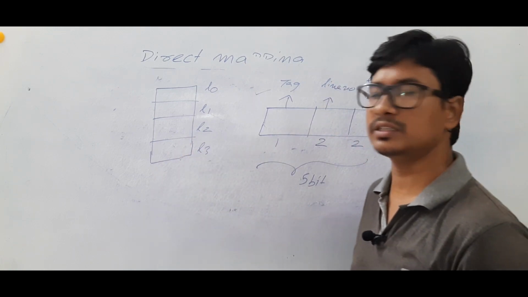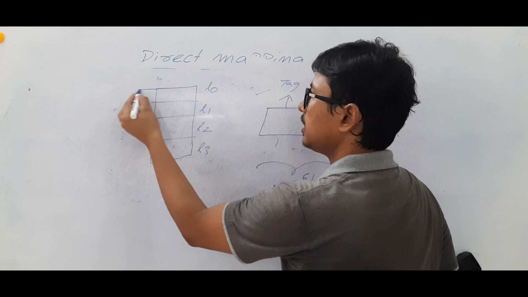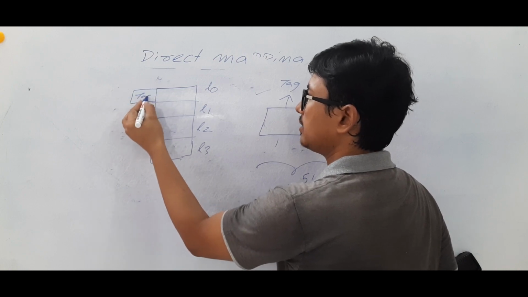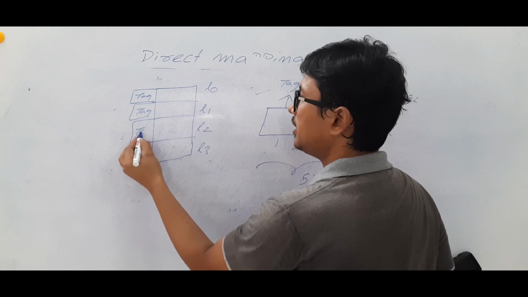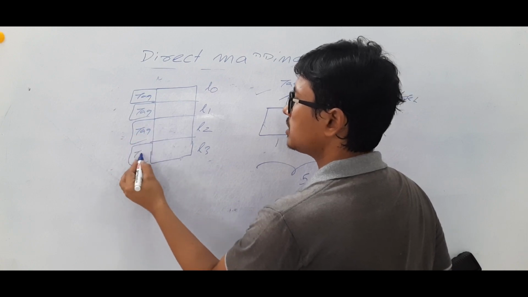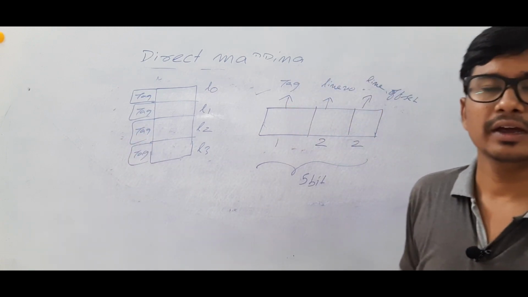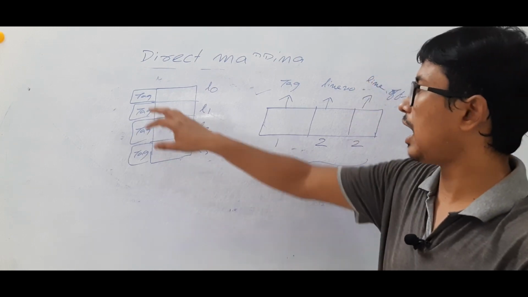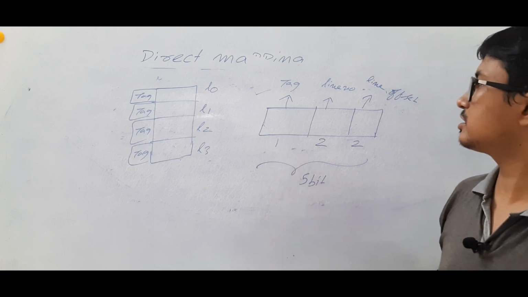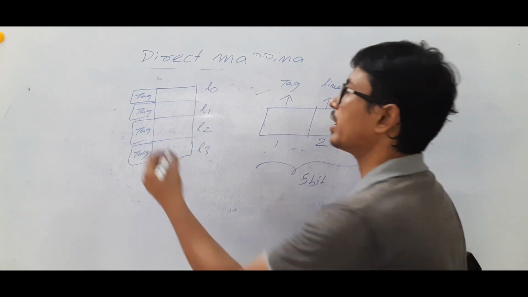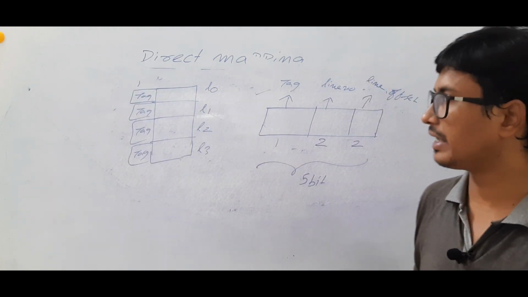I have discussed that each cache memory line will have a tag. This tag is useful for us to identify whether a particular word is available in the cache memory or not. In this example, the tag size is 1; 1 bit is allocated for a tag.